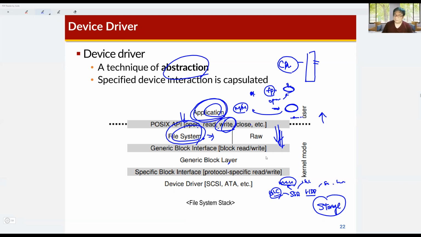Also, data read, write, and erase are controlled by block read and write. So we don't know how the data is managed inside of the storage system. We will learn about the detailed management of the storage system in the next class.